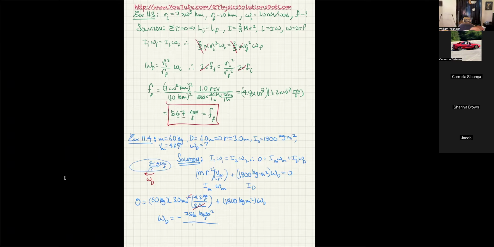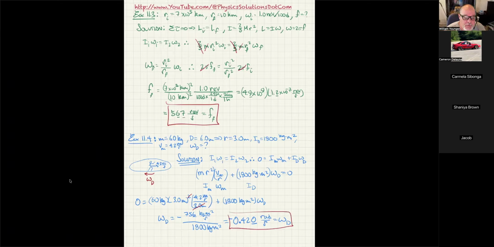And then we divide that by 1800 kilograms meters squared, and that gives us 0.420. Notice the kilogram meter squared drop off, so that gives us radians per second as the angular velocity. And it's a negative, showing that it in fact went in the opposite direction as the person is running.